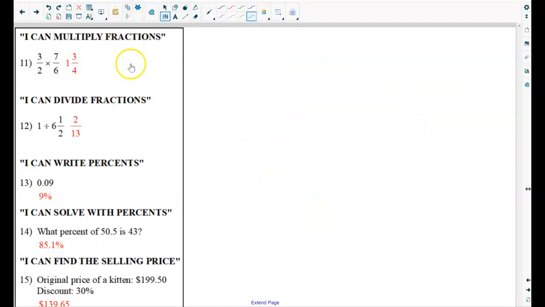Alright. Now we come over here to this one. Original price of a kitten is $199.50. So these require some thinking, okay? And the discount is 30%. They want the original price.